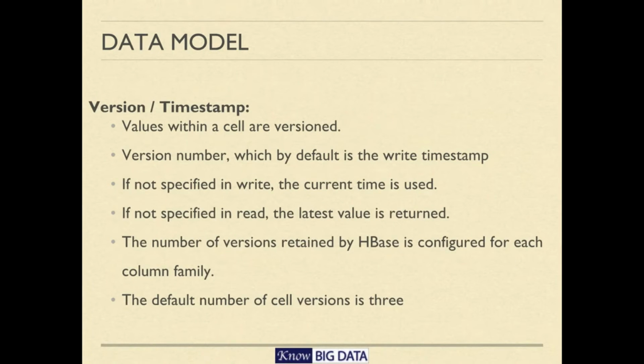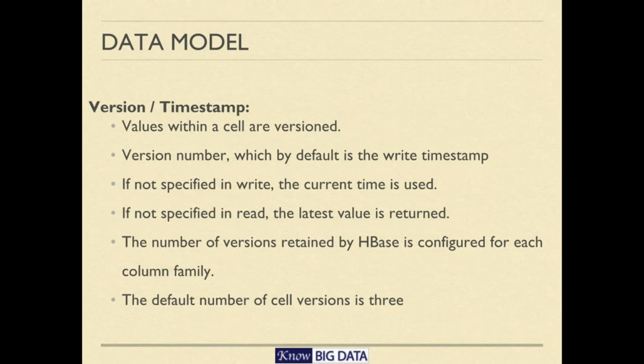All right, so values within a cell are versioned. The version number is by default the timestamp. When you don't specify a version number for each cell, then by default the current time is used as the version, and while retrieving, the latest version based on the timestamp is taken if you don't specify the version number.